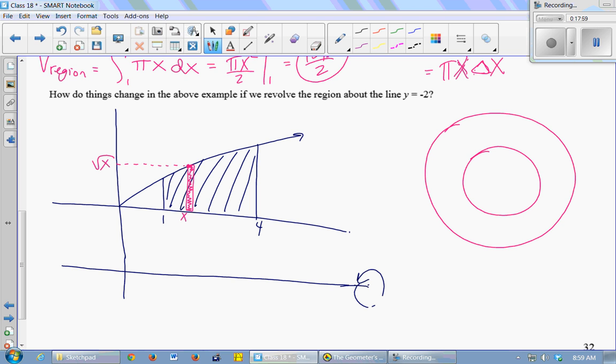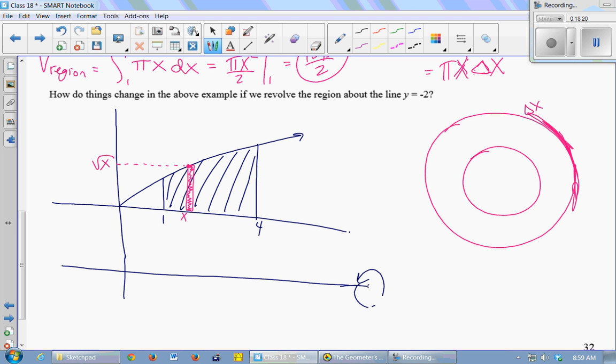And how would you find it's got a thickness? Someone's going to have to teach me how to draw this. Thickness of delta x. I need to know the volume of this thing, right? So the volume of something that has uniform thickness is just the area of the base times the height.